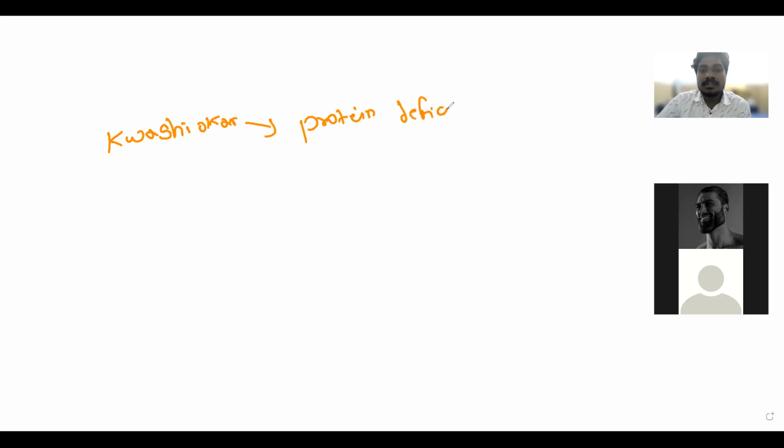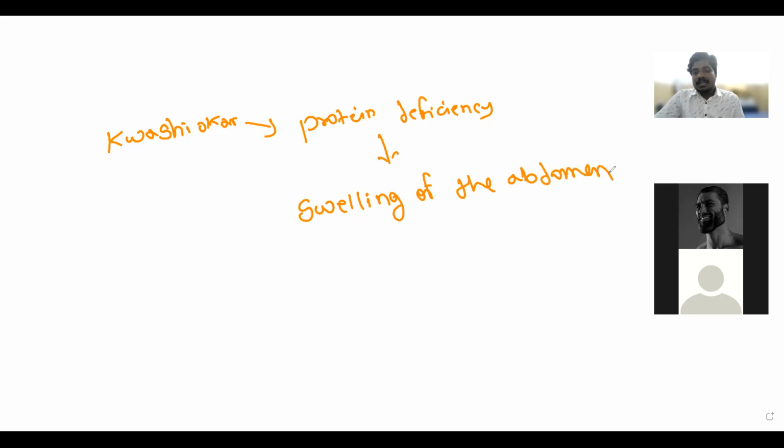Listen carefully. This would be my question for the next lecture. One major symptom of this disease is swelling of the abdomen. So my question is, why is there a swelling of the abdomen?